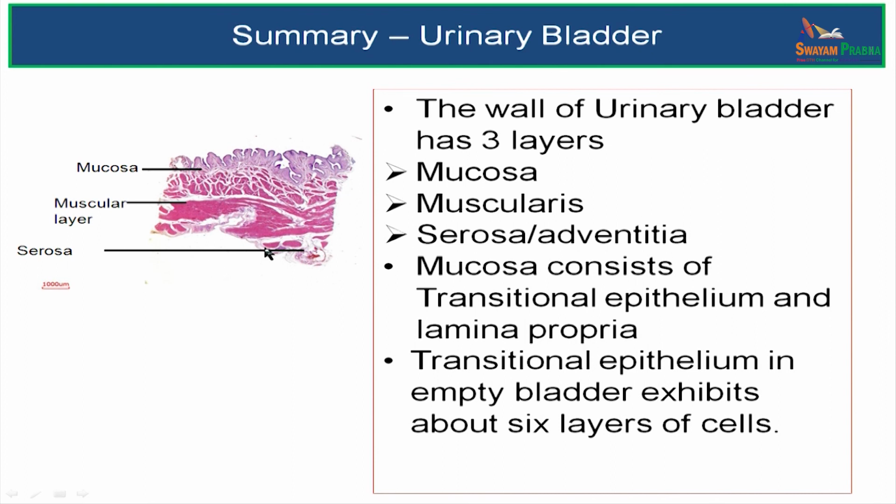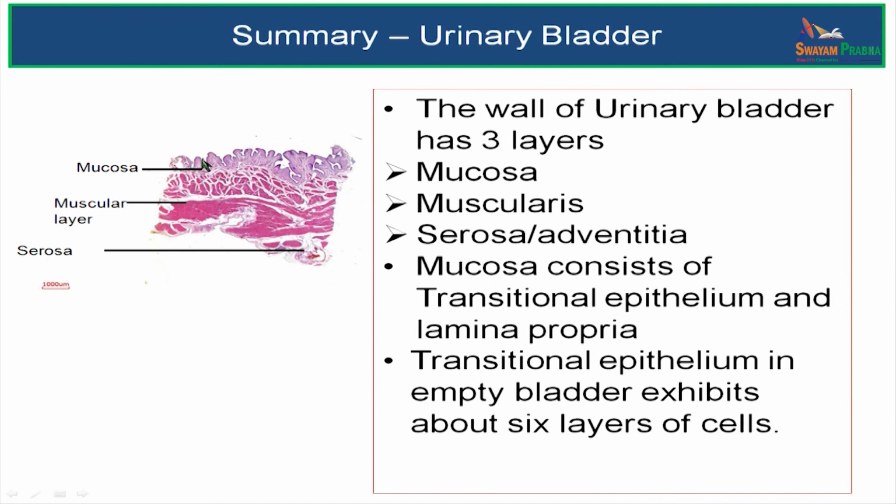So, now we have come to the end of this lecture. We will summarize what we have learnt in this class on microscopic anatomy of the urinary bladder. The wall of the urinary bladder has 3 layers from inside outwards: mucosa, muscularis, serosa or adventitia.